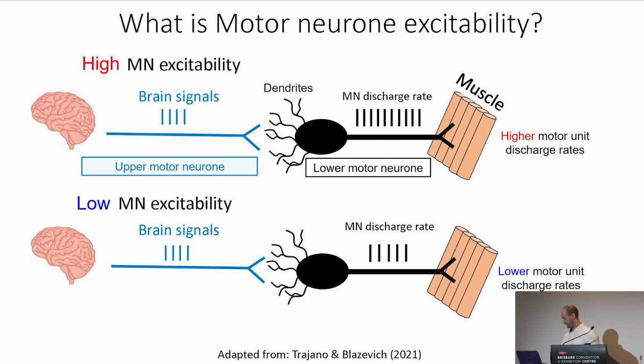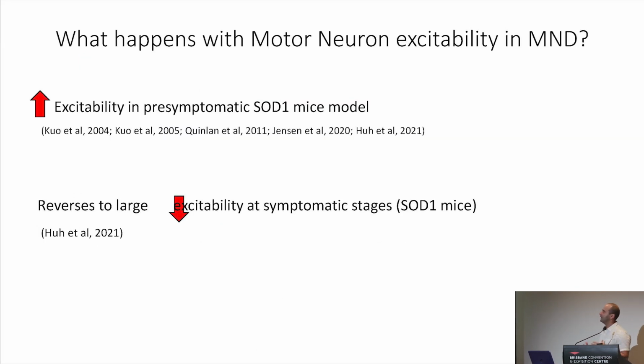So we are very interested in trying to understand what happens with motor neuron disease. So what we're trying to do here is a little bit of translational research as well. So there is evidence from a mice model, and you heard a little bit about the transgenic mice models, that the motor neuron excitability goes up, so motor neurons get very excitable to start with, before this disease starts, at pre-symptomatic levels of the disease.